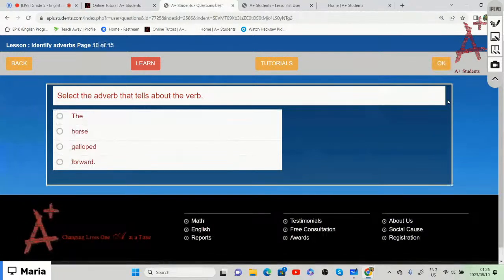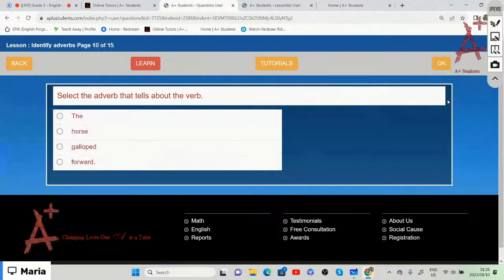All right, we're doing the last one. The horse galloped forward. We need to select the adverb that tells us about the verb, galloped being our verb.